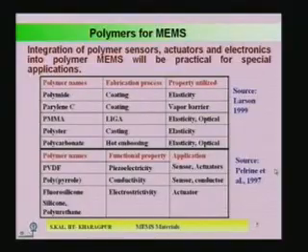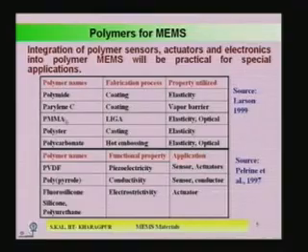Now, this table shows the properties of the polymers, their fabrication techniques, and in which case they are used as MEMS devices. Some of the polymer names I am showing here: polyimide, parylene C, PMMA.